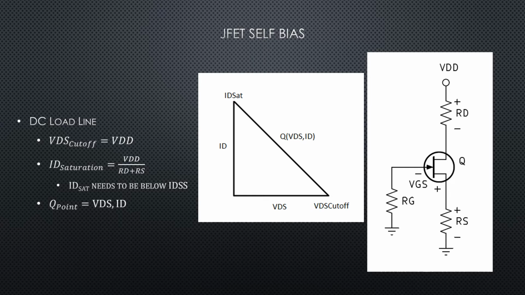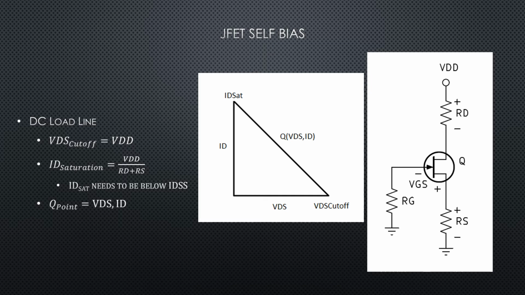Now, another thing to point out here is our ID sat needs to be below our IDSS, which is the specification for the device. So if your IDSS is like 10 milliamps, for example, you would want your ID sat to be around like 8 milliamps, something less than 10 milliamps.